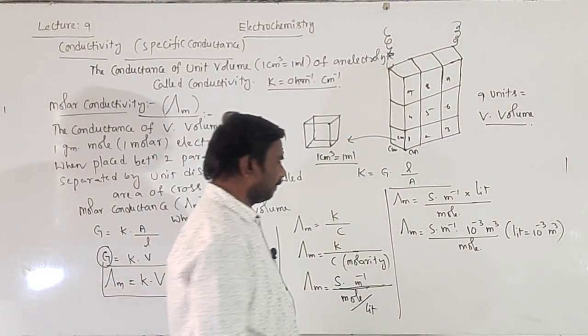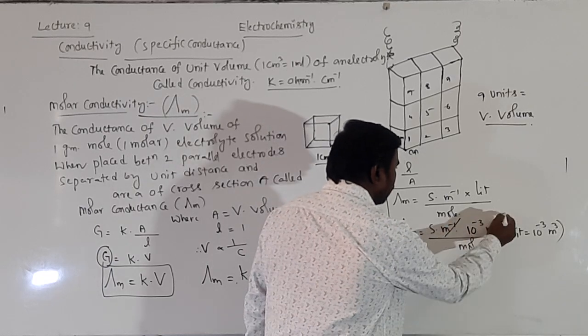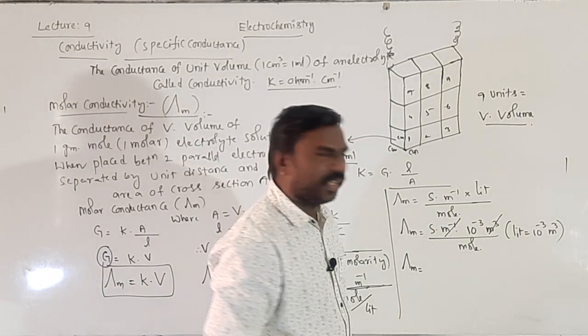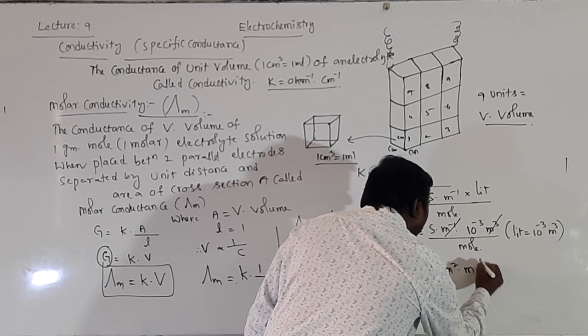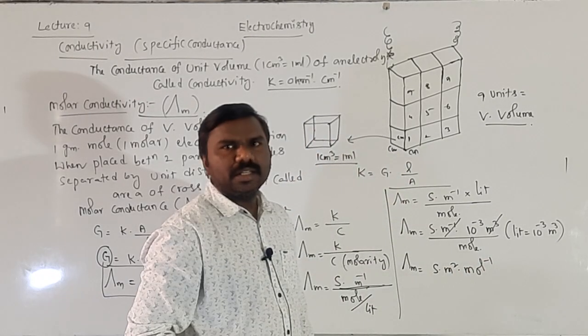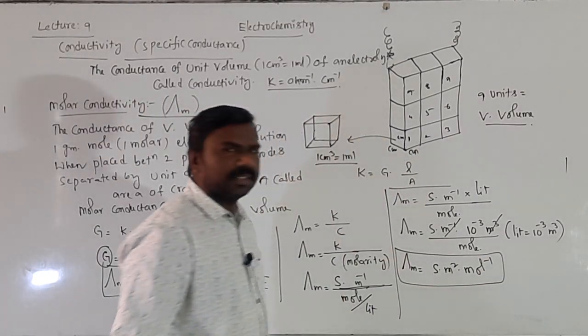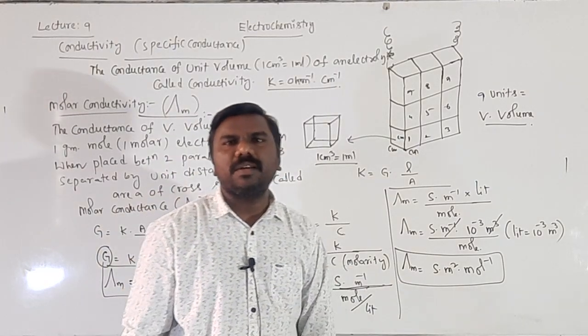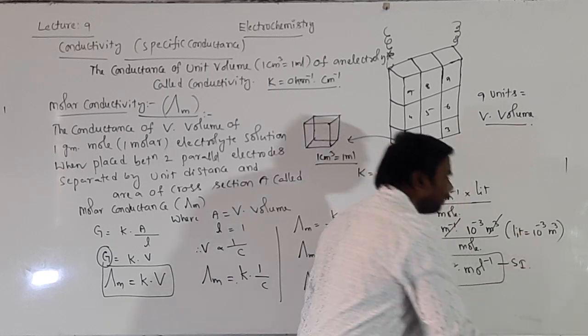Finally, meter inverse and meter cube leave meter square, so it is Siemens meter square, and mole shifted to the numerator gives mole inverse. Getting, students? Units are Siemens meter square mole inverse, these are SI units.